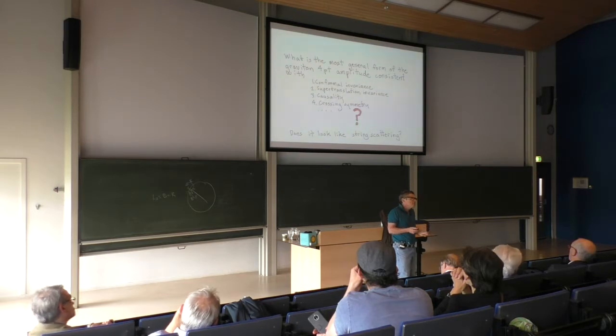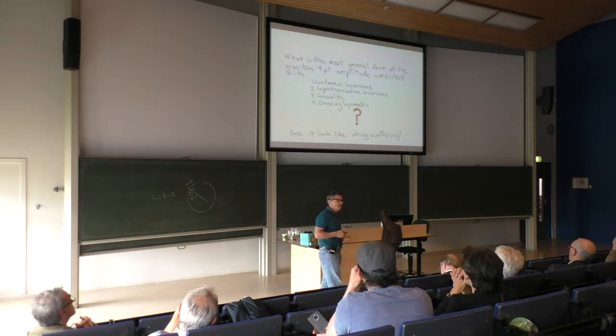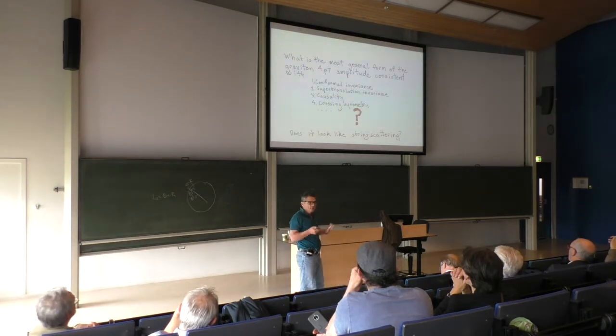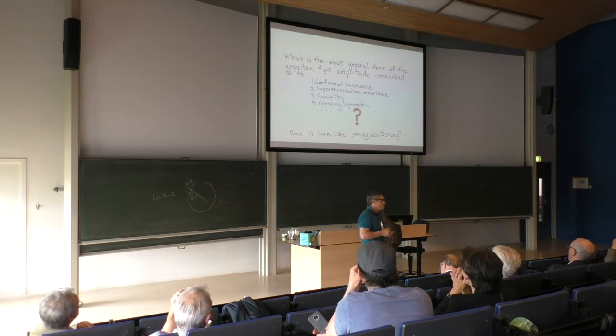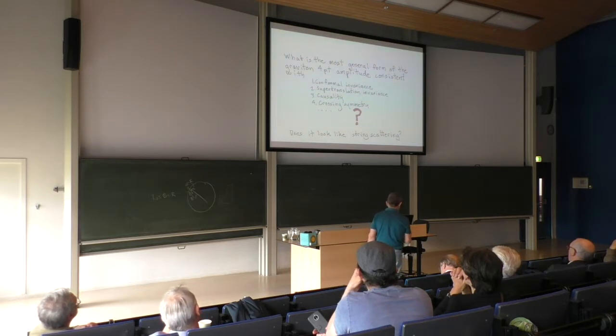This strikes me as something that might be doable in the coming future, to write down some sort of general formula for graviton scattering that is the most general thing consistent with some assumed particle content and with all the various symmetries that we'd like to hold.